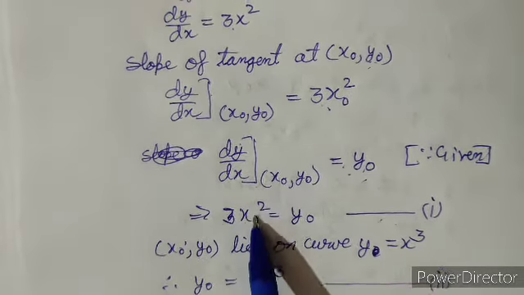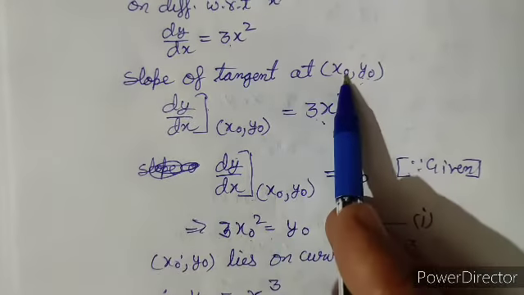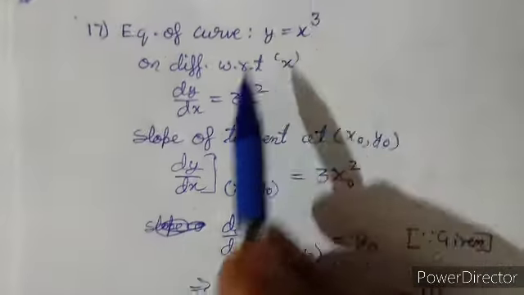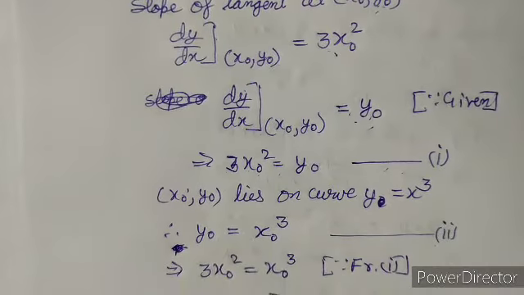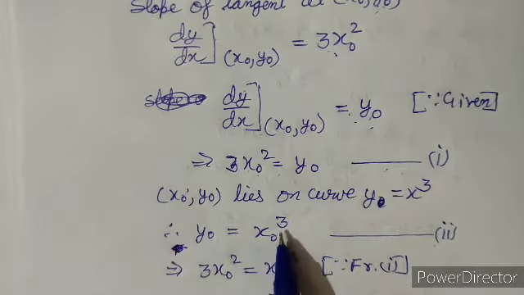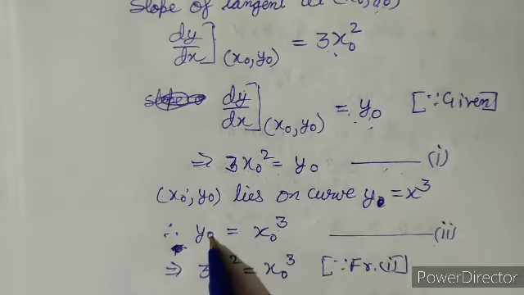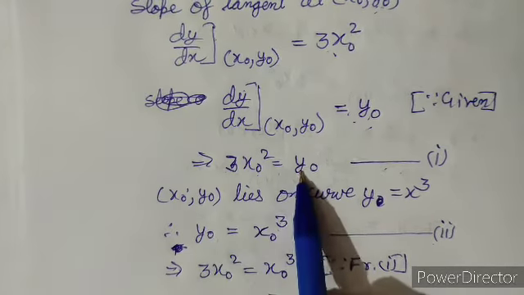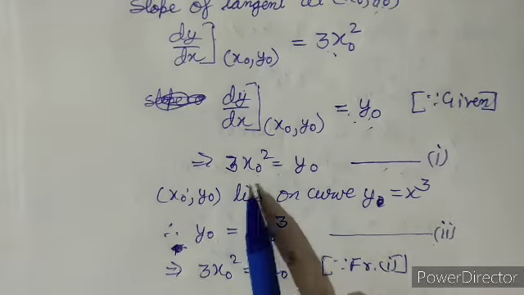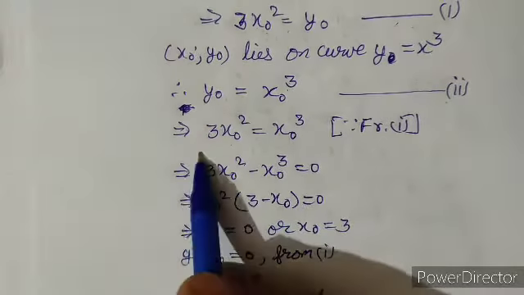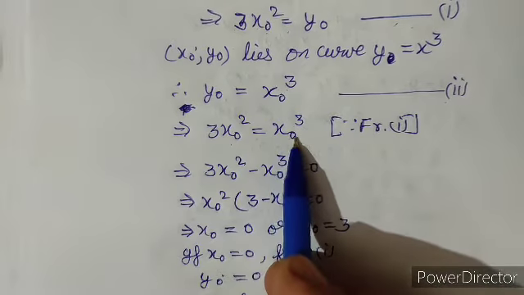Now as we know, this point x0, y0 lies on the curve y equal to x cube. So we can say that y0 is equal to x0 cube. Now from equation first, we can put the value of y0 as 3x0 square in equation second, and this will give us 3x0 square equal to x0 cube.